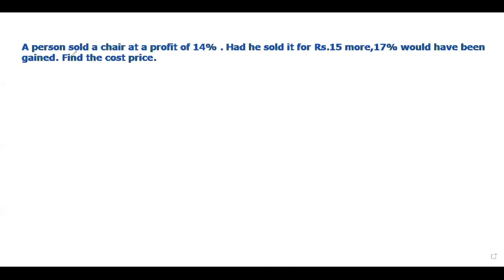A person sold a chair at a profit of 14%. Had he sold it for rupees 15 more, 17% would have been the gain. Find the cost price. That's the question.